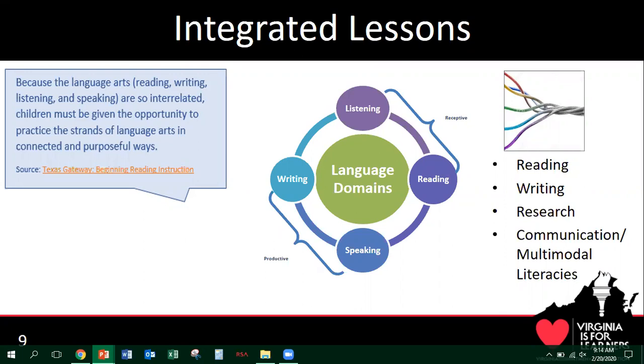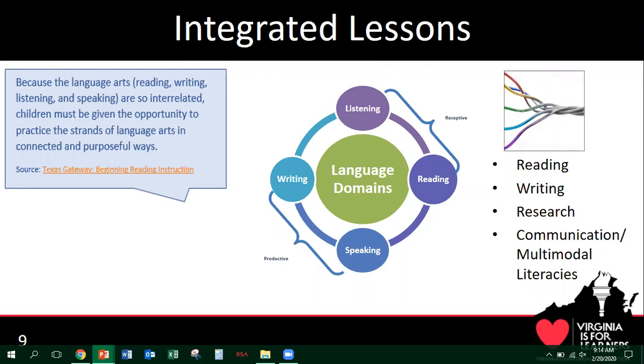Why that's important specifically for English learners, just a bit of background, they are assessed within each of these domains every year. And we can identify domains of strength for students. For example, speaking. Students might be using higher academic language when they are speaking.